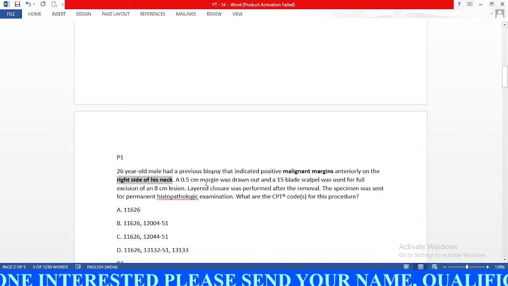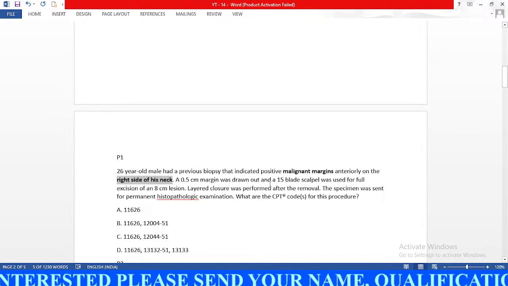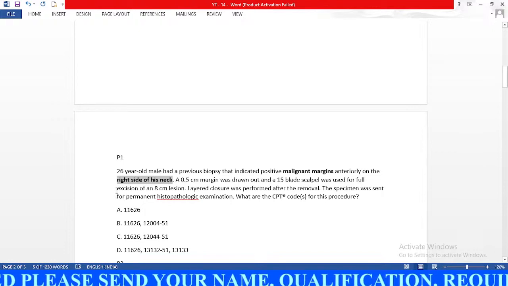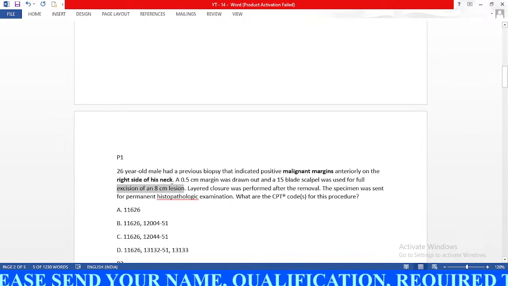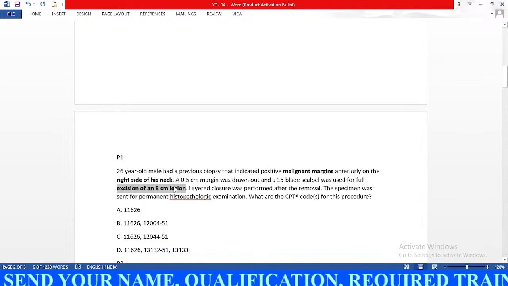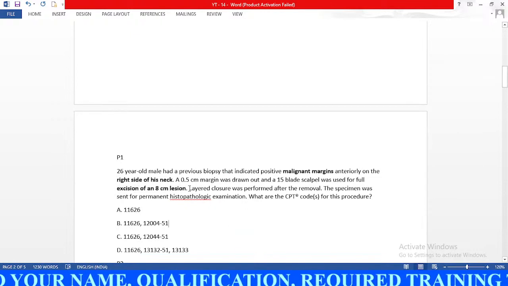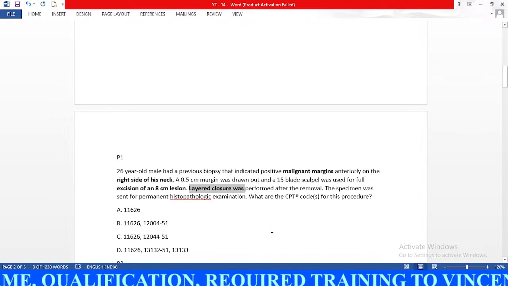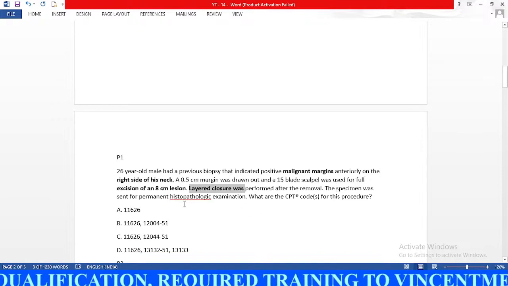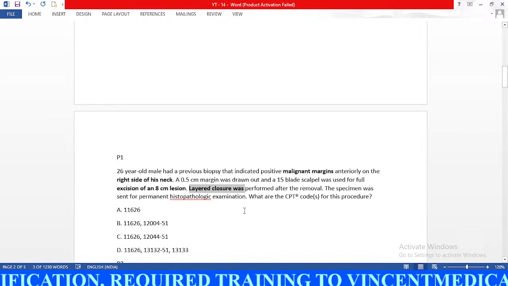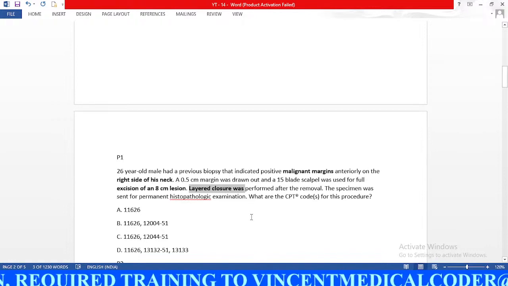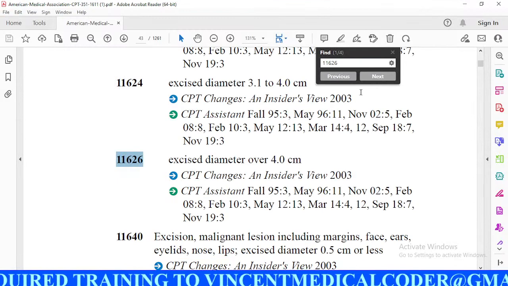A 0.5 cm margin was drawn out and a 15 blade scalpel was used for full excision of the 8 centimeter lesion. Here this is a keyword, and one more keyword is layered closure. This is what we need to code. The specimen was sent for permanent histopathologic examination. What are the CPT codes for this procedure? So we will check 11626 first.